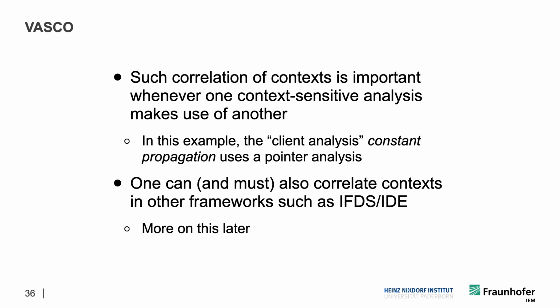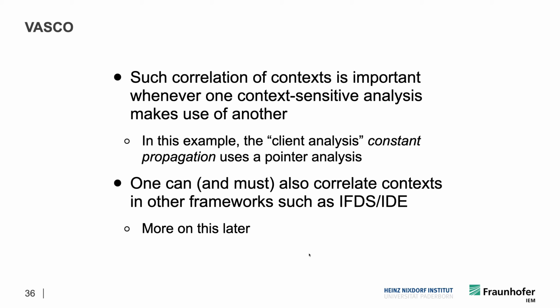In general, such correlation of contexts is really important whenever one context-sensitive analysis is making use of information from another context-sensitive analysis. Here, in the example, we had a client analysis, constant propagation, that uses a pointer analysis. It's very often the case that you have one analysis that is using a pointer analysis, but there can even be other kinds of analysis.